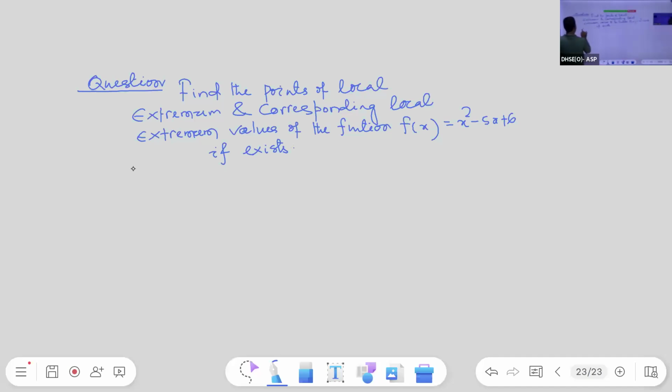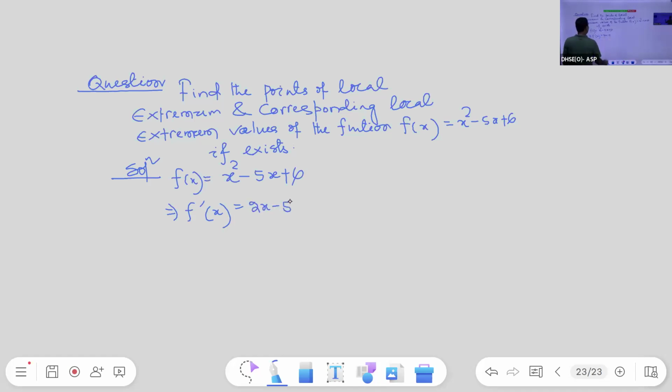To come to the solution, f of x equals x square minus 5x plus 6. This implies f dash x equals 2x minus 5.